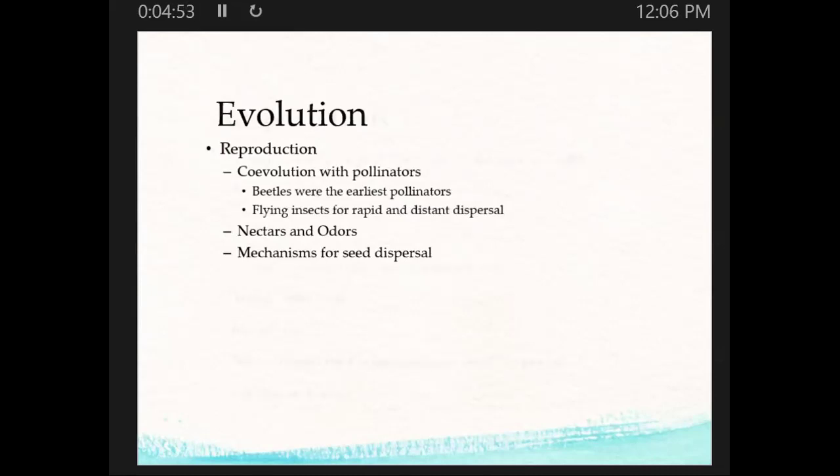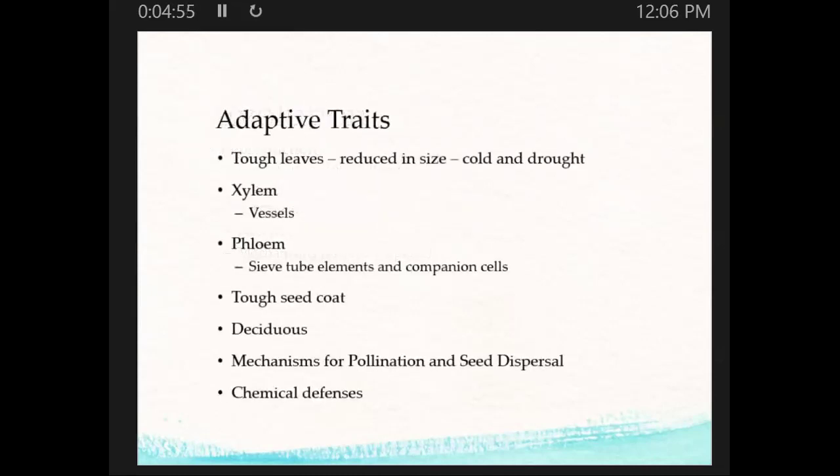in order to get their seeds to spread really far from the mother plant. So when you look at angiosperms, they point to that coevolution with their pollinators as a huge reason why angiosperms dominate planet Earth, that they have that kind of system in place. But don't forget their inherent traits, what they're born with. They're born with very tough leaves for the most part.